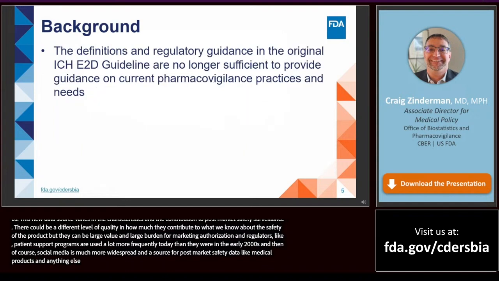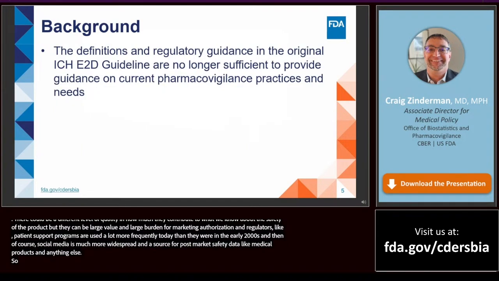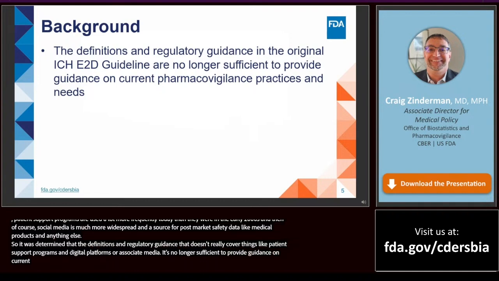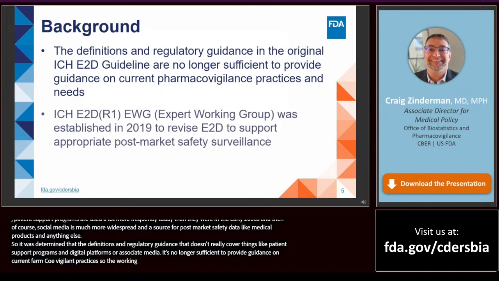So it was determined that the definitions and regulatory guidance in the original guideline, which didn't really cover these things like patient support programs and digital platforms or social media, is no longer sufficient to provide guidance on current pharmacovigilance practices. And so an ICH E2D expert working group was formed in 2019 to revise E2D so that it supports more appropriate and more current post-market safety surveillance.